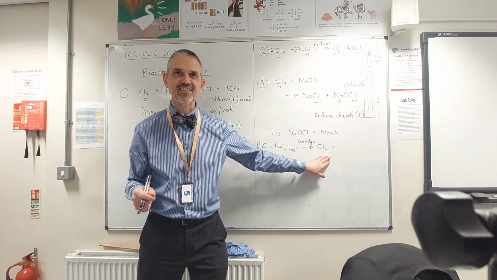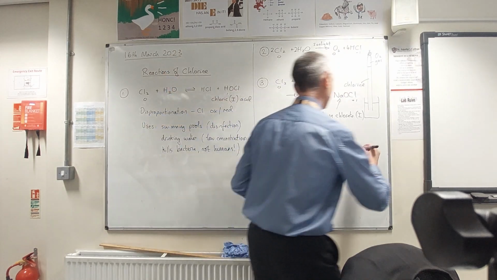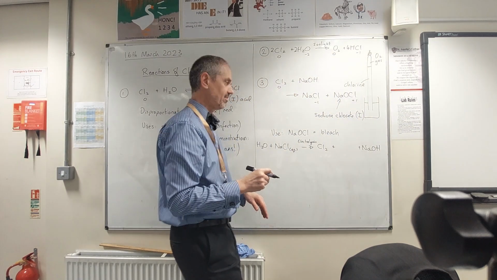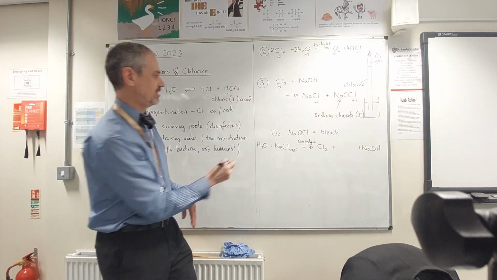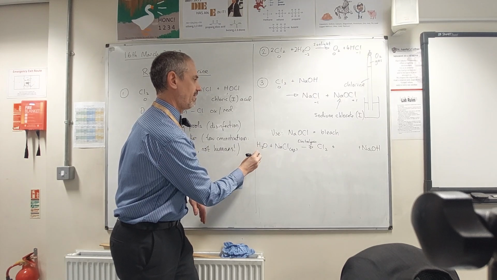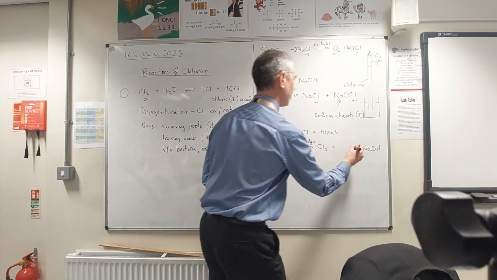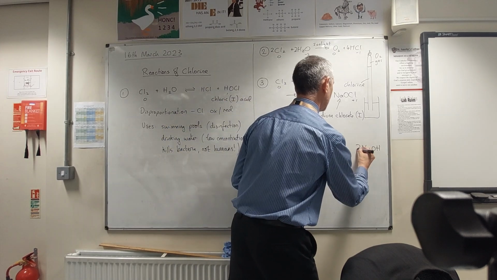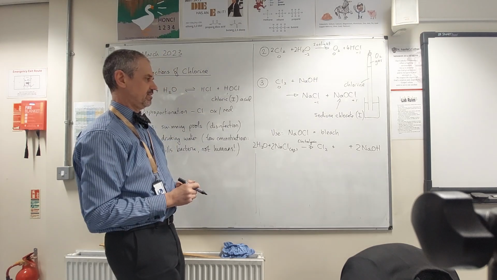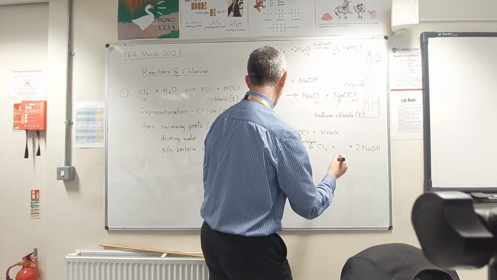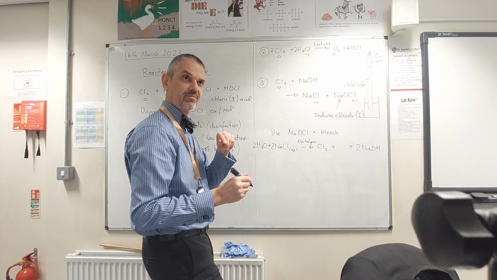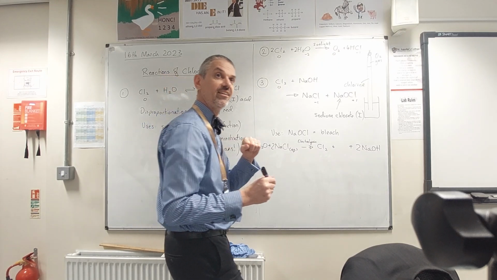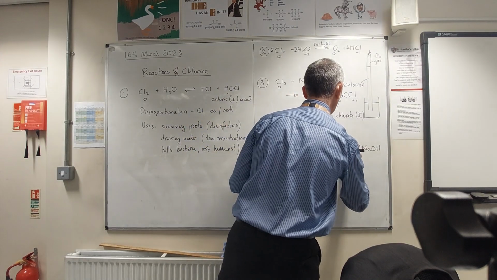What's the other product? NaOH. You do get NaOH. There's another product as well. How do we balance that? I need 2 of those, so I need 2 of those. Hydrogen gas. Okay.